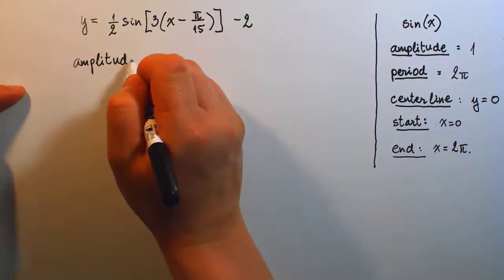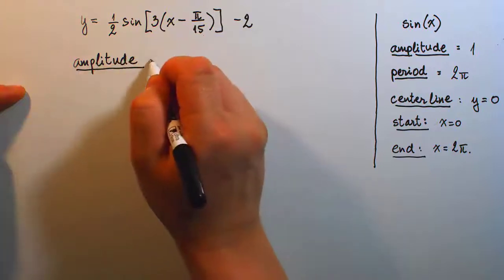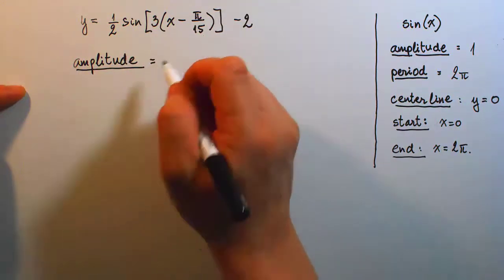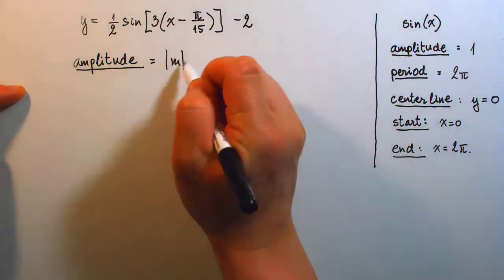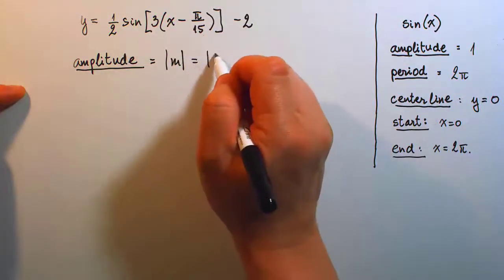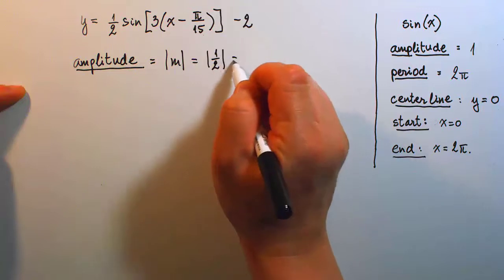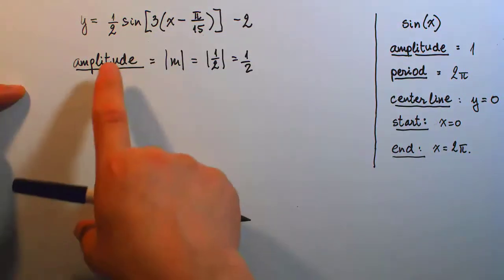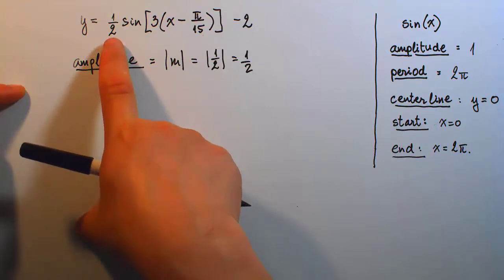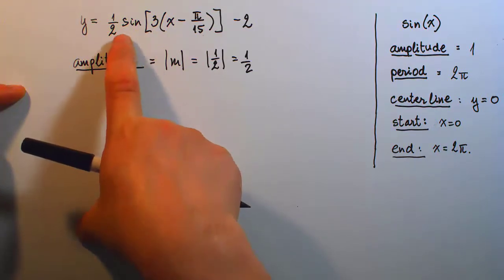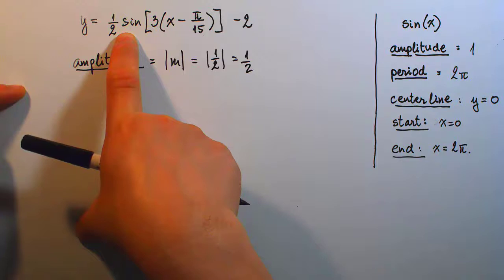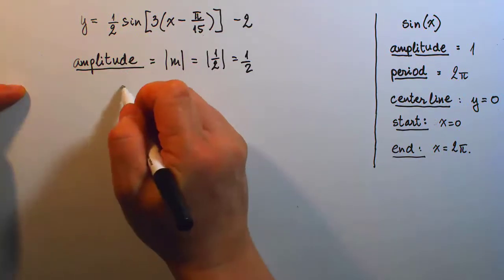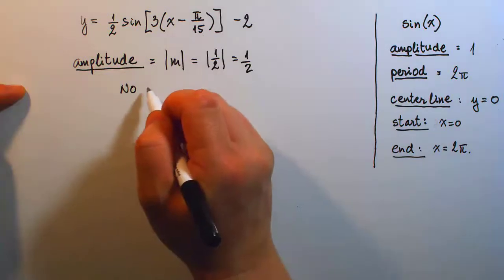Our actual amplitude for this function, by the rule of the transformation, equals the absolute value of m, which in this case is the absolute value of positive 1/2, which is 1/2. Another thing to note is that our final coefficient m in front of the trig function is already a positive value. So we expect no reflection.